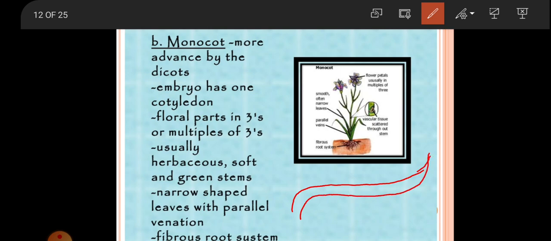The leaves have parallel venation, like this. This type of venation is known as parallel venation. For example, banana and coconut have parallel venation.